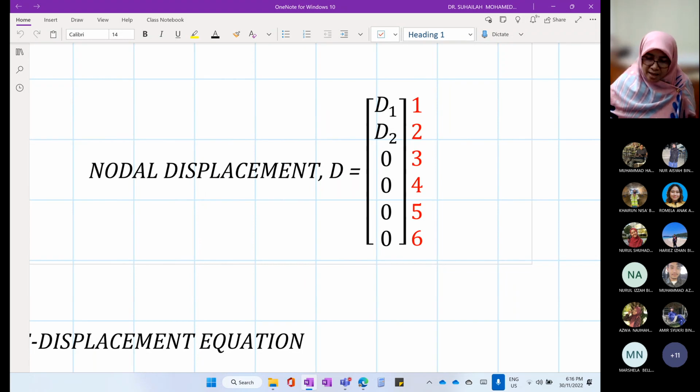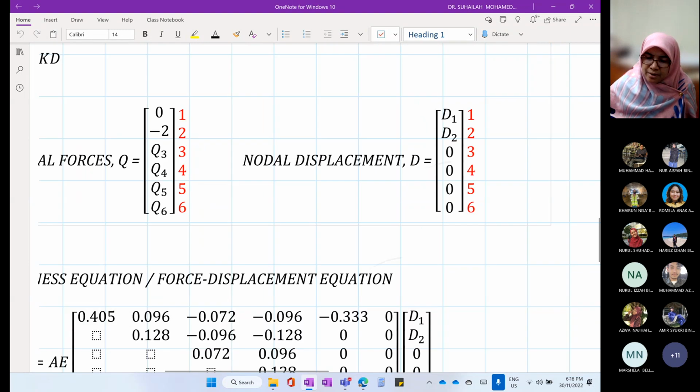D1 and D2 are unknown displacements, versus known displacements in the constraint system. In the constraint system, displacement is equal to 0, so from D3 until D8 it is equal to 0. So we write it like this.